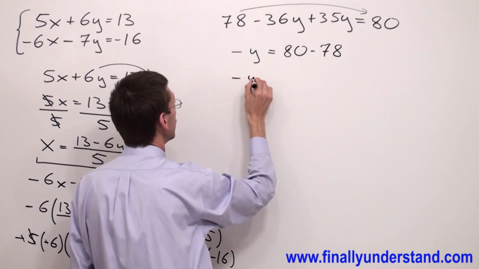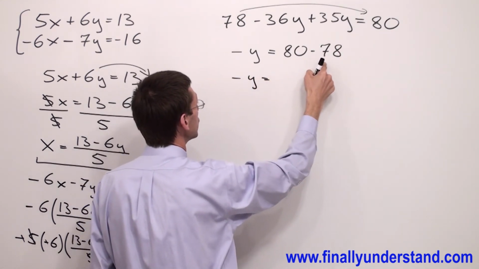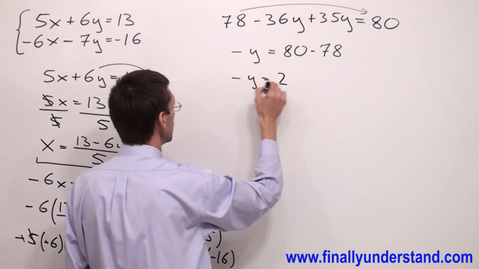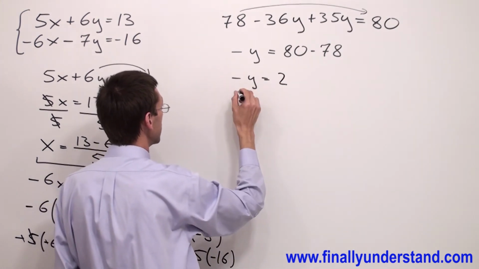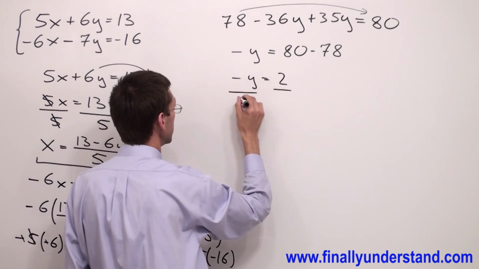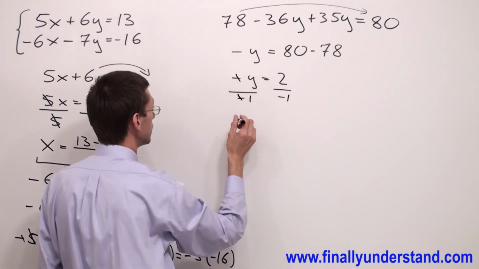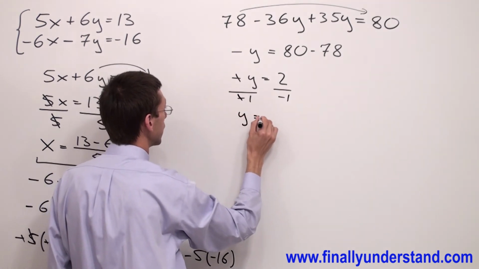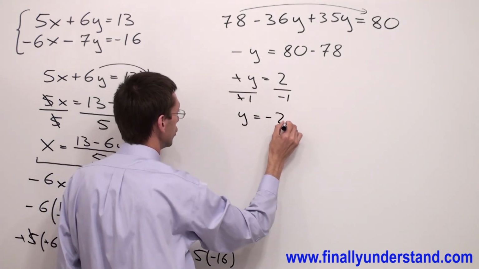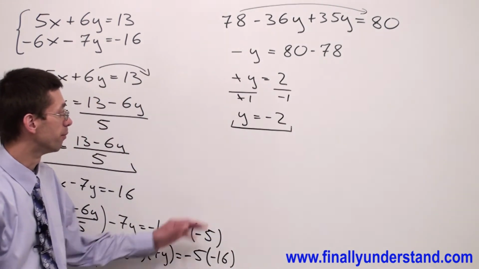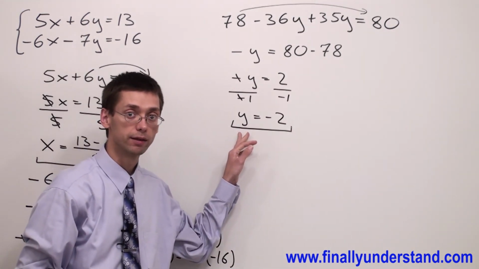So I have negative y equals 80 minus 78, which is equal to 2. In order to eliminate the negative sign, I have to divide both sides of the equation by negative 1. Negative and negative will cancel out, and I have y equals negative 2. So this is my value of y.